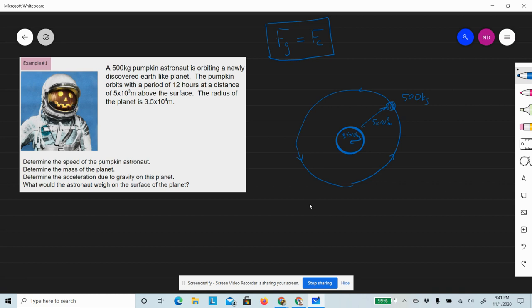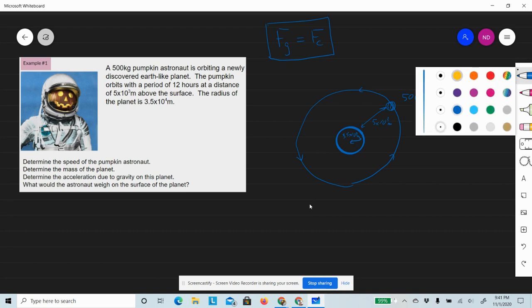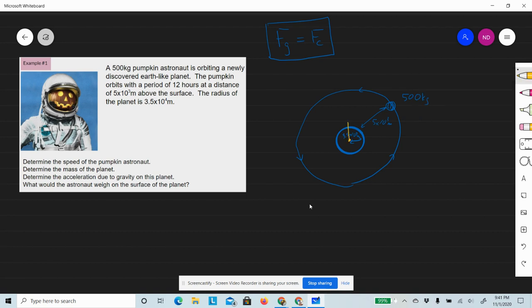The thing is to recognize that from the center of the planet to here, this radius is going to be 5 times 10 to the third meters, which is how many meters it is above the surface, plus the radius of the planet, which is 3.5 times 10 to the fourth meters.